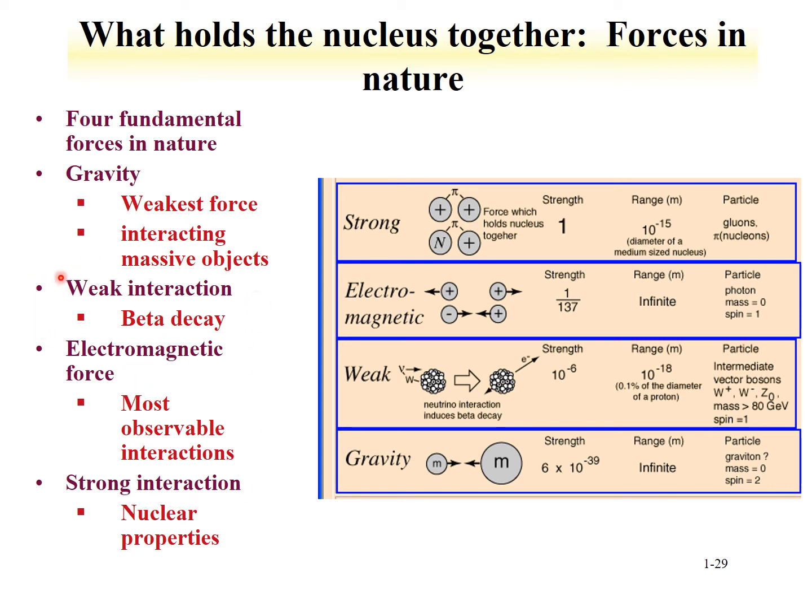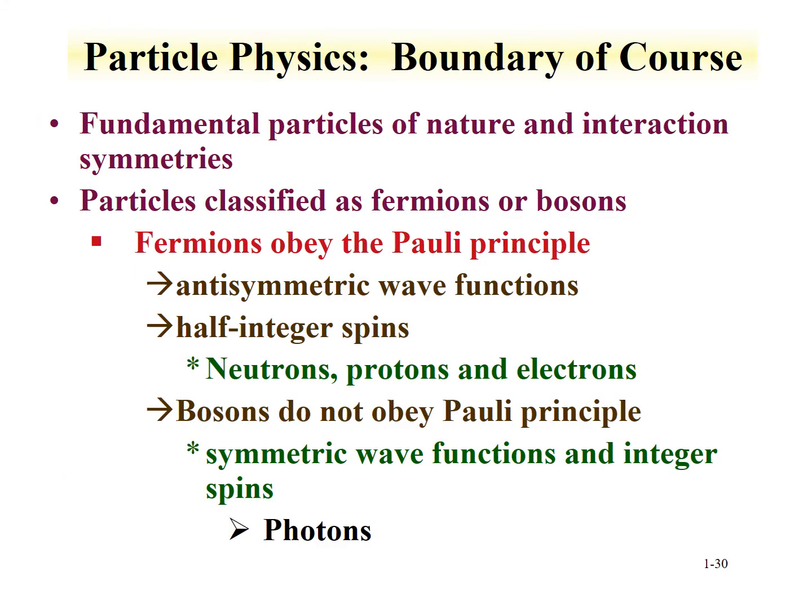Weak interaction is used in beta decay, where neutrino interaction produces beta decay. And then strong interactions are nuclear properties, forces that hold the nucleus together. And we're going to explore and discuss nuclear properties and beta decay in terms of these fundamental interactions.